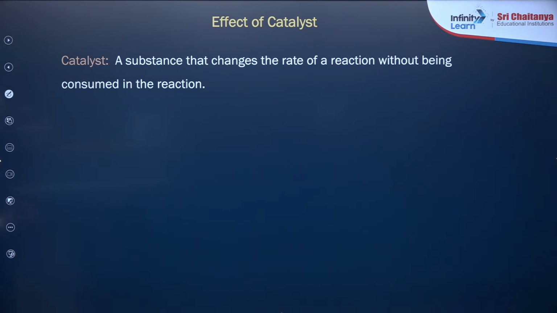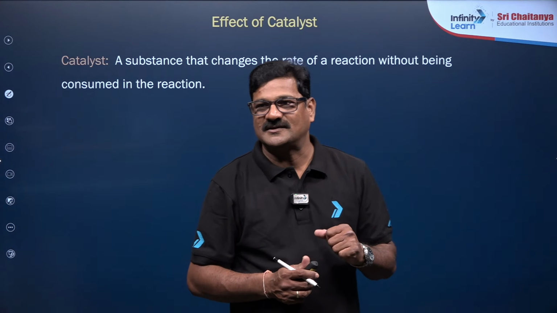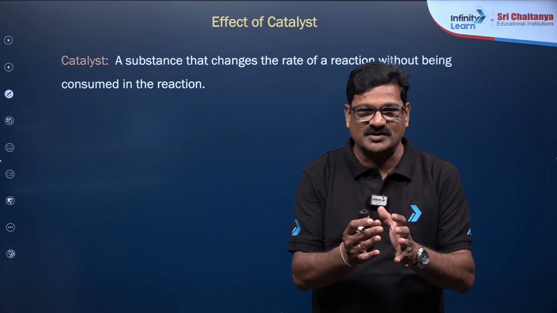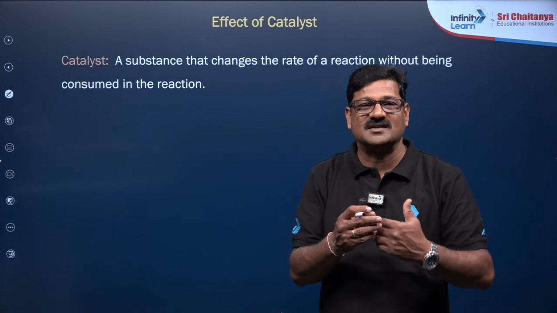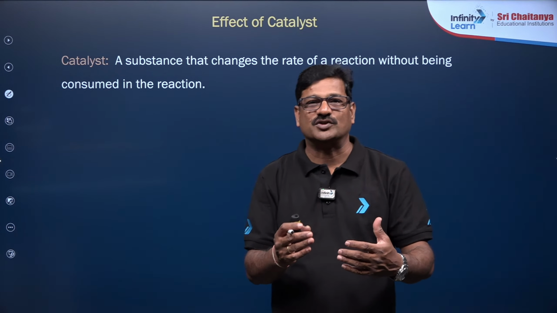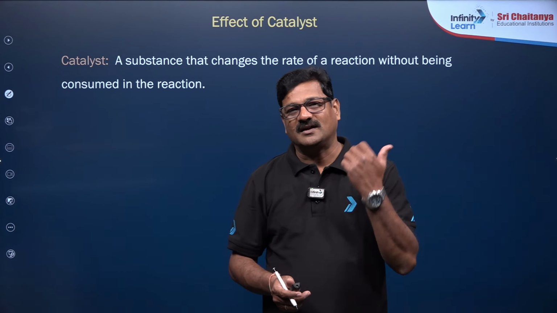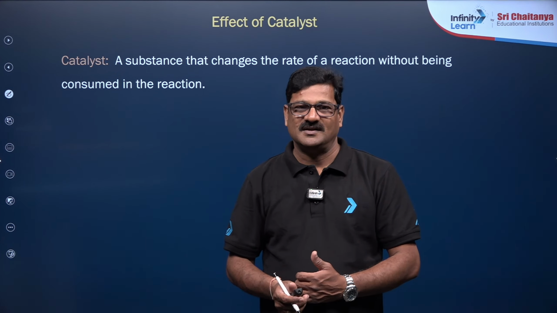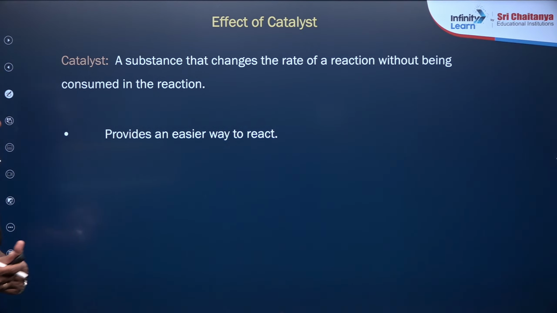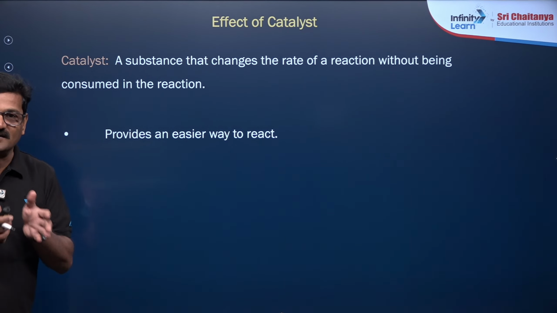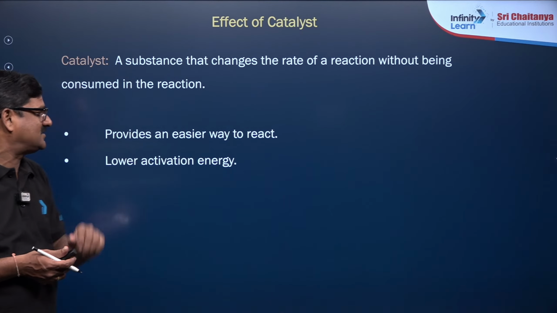So this is explained. Effect of catalyst. What is the meaning of a catalyst? A catalyst is the substance which increases the rate of a chemical reaction without being consumed in it. And why is a catalyst going to do that? A catalyst increases the rate of a reaction by selecting an alternative pathway which has a lower activation energy.